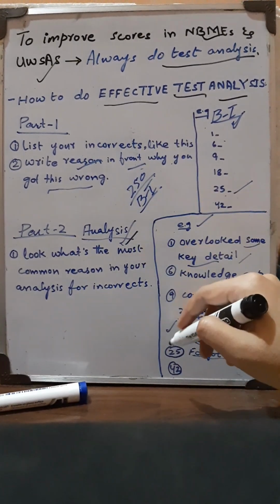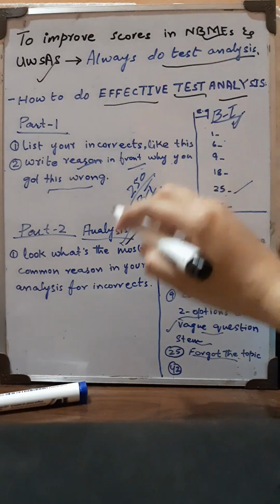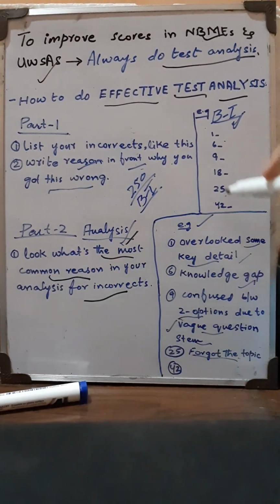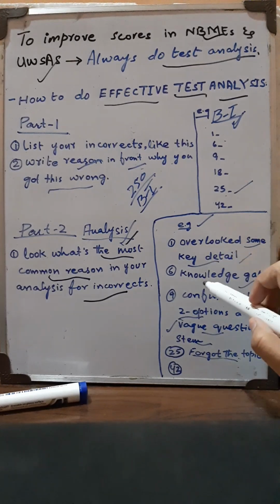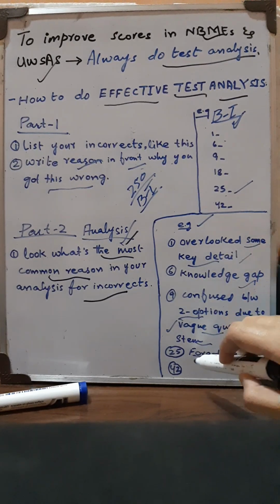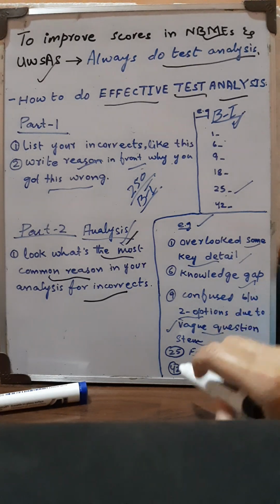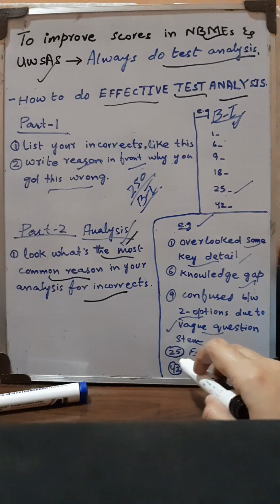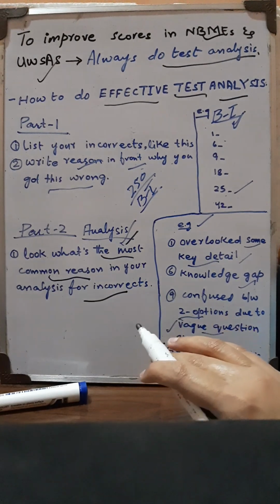After I have written all the reasons, I'll be looking at what's the most common reason in my analysis for incorrects. For example, in question number 6, I had the knowledge gap. I didn't know the topic. In question number 25, I forgot the topic. Let's see, in question number 42, I also forgot the topic. So forgetting the topic was the most common reason for why I was getting those wrong.